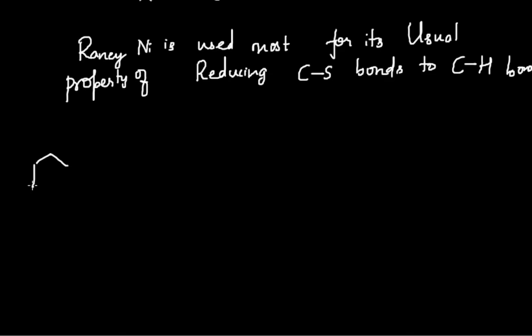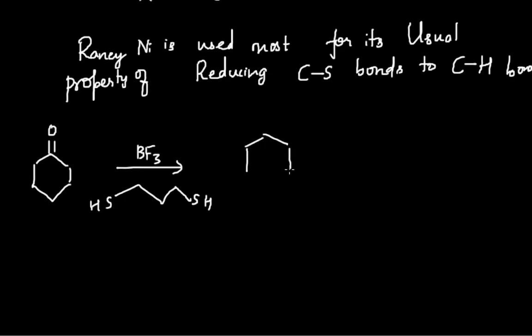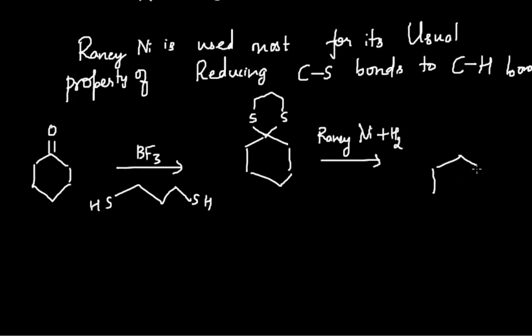For example, if you remember from your organic chemistry, a ketone in the presence of BF3 and dithiols gives you your thioketals, and this thioketal, when you treat it with Raney nickel plus hydrogen, you end up getting a cyclohexane.